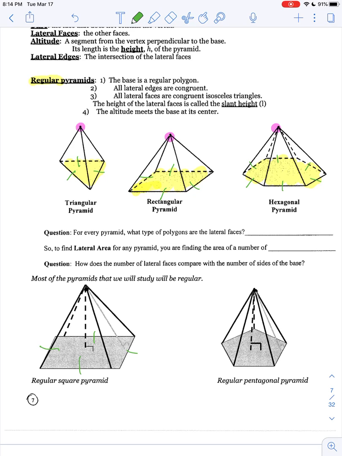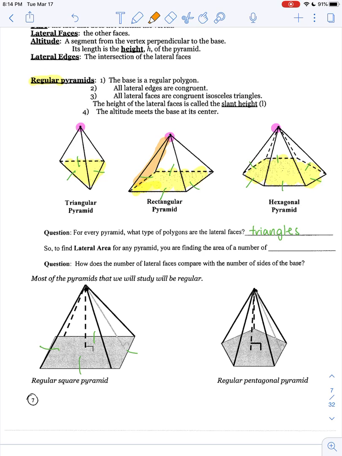Now there are a few things that we'll notice. The lateral faces are all triangles in a pyramid. I will go ahead and highlight just one of them so you can see. So in orange, let's highlight this. This would be considered a lateral face and it's a triangle. The number of lateral faces also corresponds with the number of sides of the base.